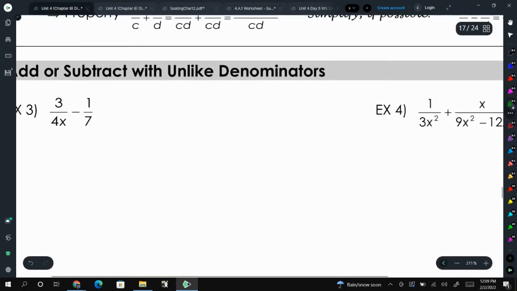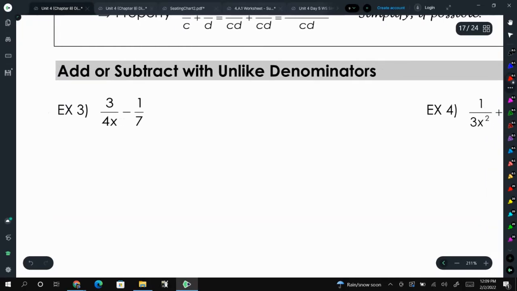So if we look at example 3 here, the common denominator between 4x and 7, well, I'm going to have to multiply one fraction by 7 and the other one by 4x. That's going to be 21 over 28x minus 4x over 28x.